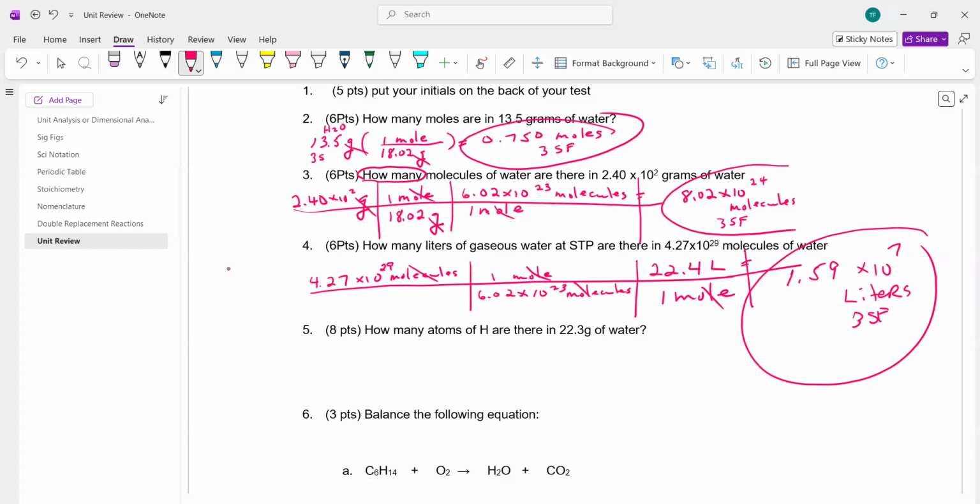Okay, how many atoms? Now, the key in this one is how many atoms? And you notice it went from 6 points to 8 points. That means it's more involved because there's more points there.